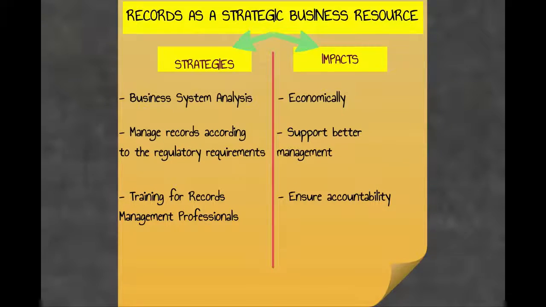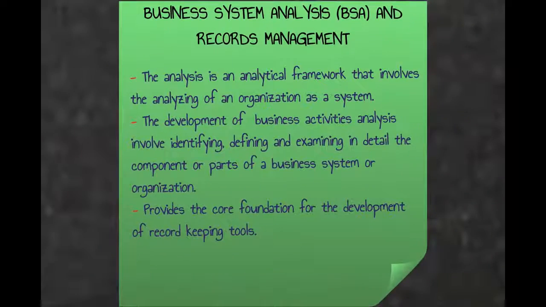The first strategy, business system analysis or BSA, is the analytical framework that involves analyzing an organization as a system. The development of business activities analysis involves identifying, defining, and examining in detail the components or parts of the business system or organization.